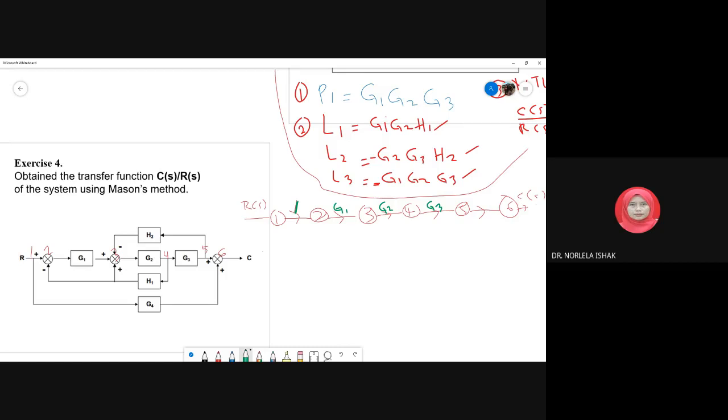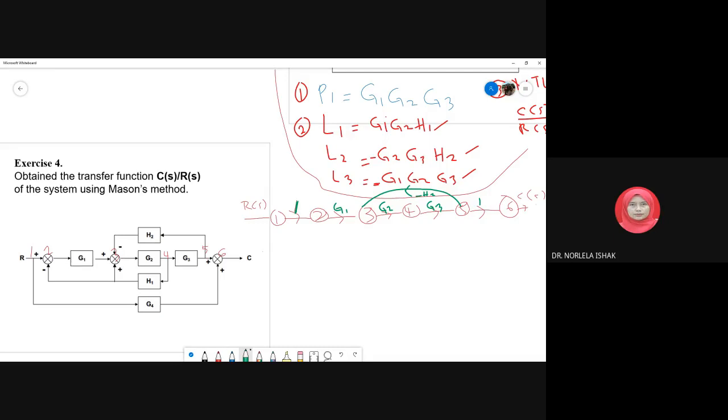How about 5 and 6? 1, betul? Betul. Okay. So, how about H2? Between 3 and 5 to 3, 5 kan? Yes. 5 to 3, minus H2.